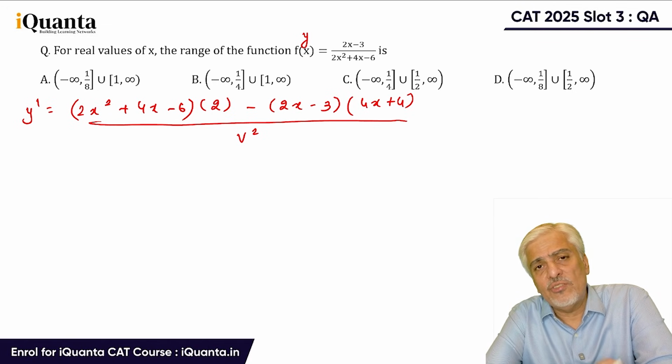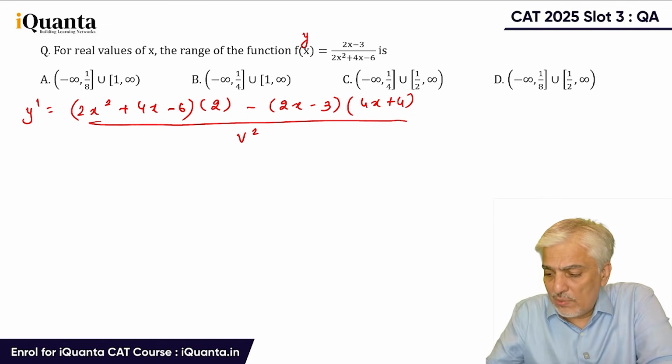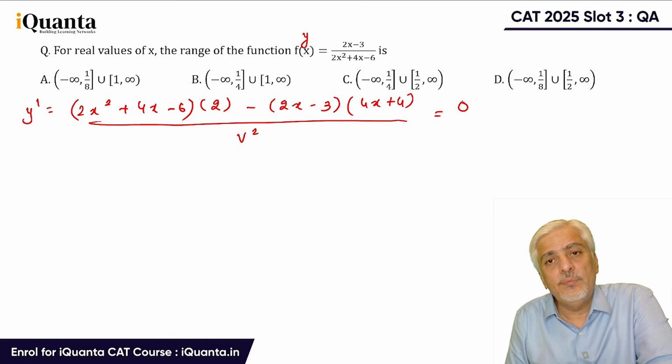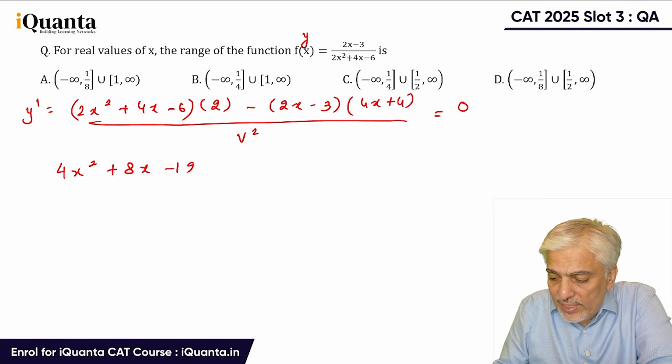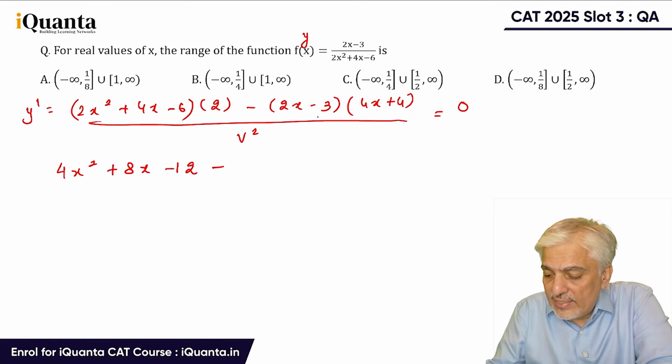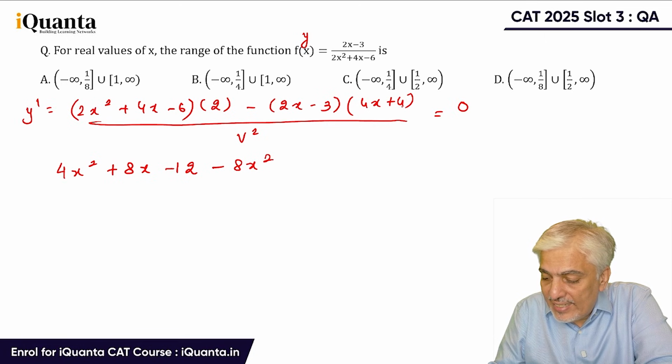We got the derivative. Now the v² is not important over here because I want to equate this to 0. So if I open the bracket up, I get 4x² + 8x − 12 − 8x². 2x into 4x is 8x², minus sign, minus 8x². 2x into 4 is 8x and −12x.